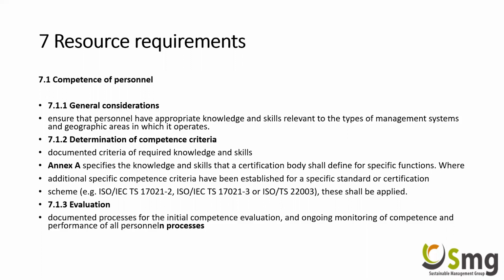Now, where do we find the documented criteria of required knowledge and skills? If you go to ISO 17021-1 Annex A, they have the knowledge and skills that a certification body shall define for specific functions.